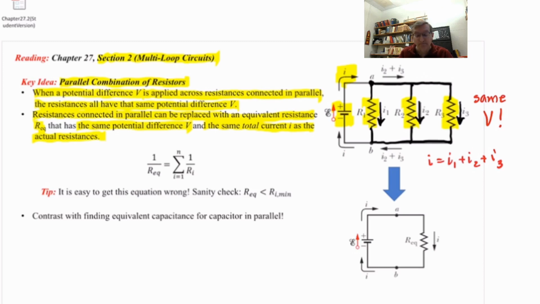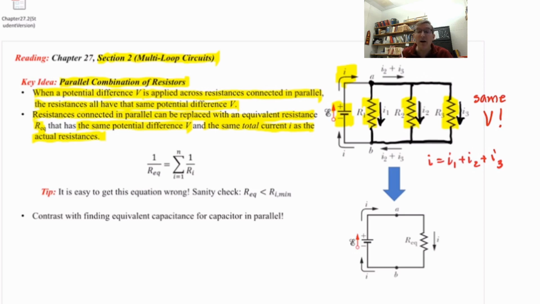All right, now, that means I'm going to take each one of those expressions for the I and replace it with V over its R. That just comes from the definition of resistance.